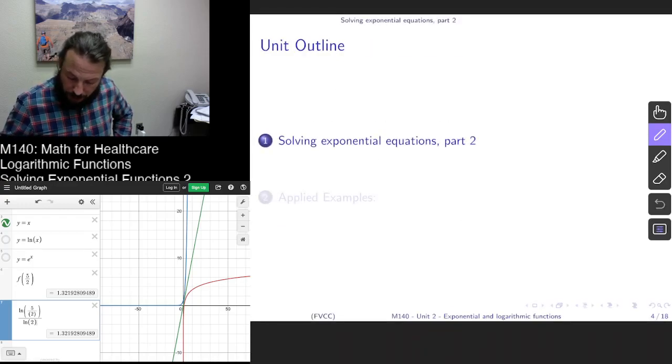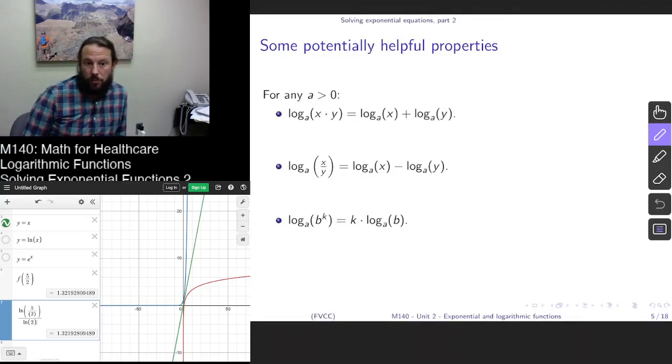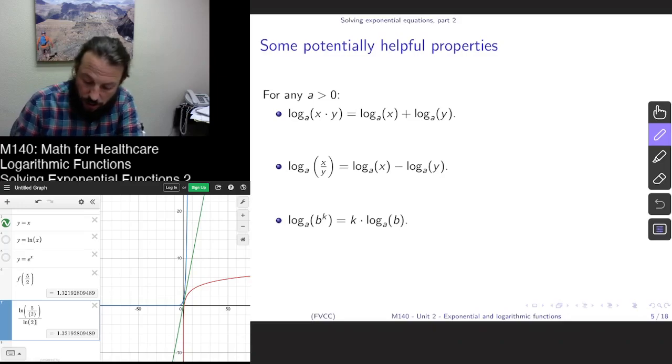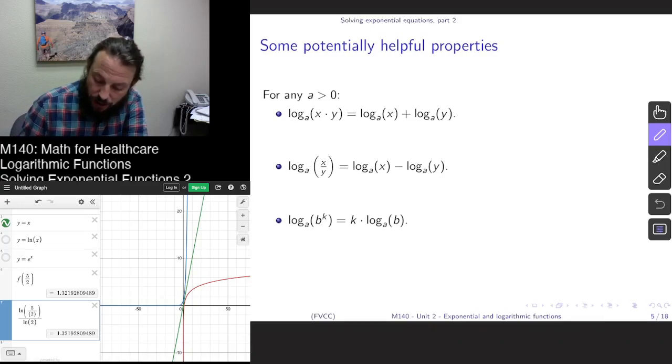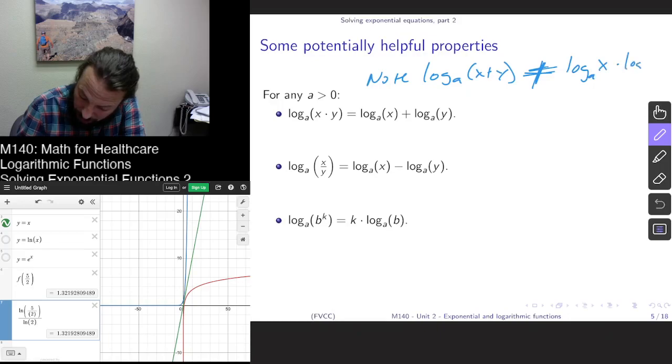Now, how are we going to use this for solving exponentials? Well, we need some other properties. One is log base A of x times y equals log base A of x plus log base A of y. Note, log base A of x plus y is not equal to log base A of x times log base A of y.